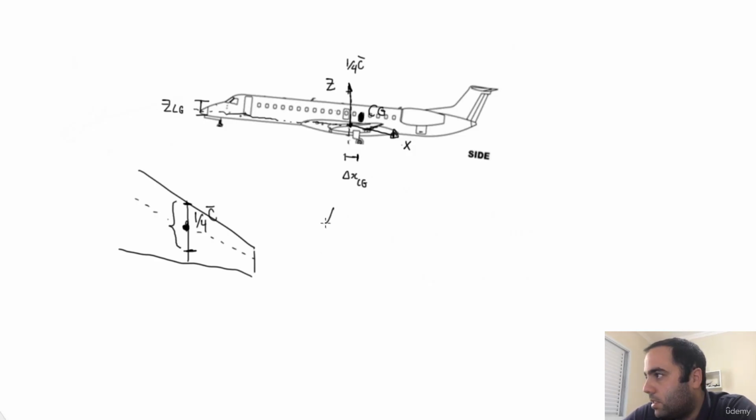So the moment around the CG of the aircraft is going to be the moment at the 25% line. And here, if we have a positive pitching moment, it's going to be a positive sign here. If we have a negative pitching moment, it's going to be a negative sign here.